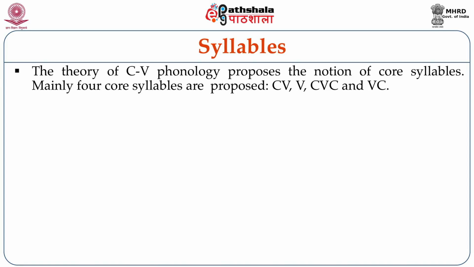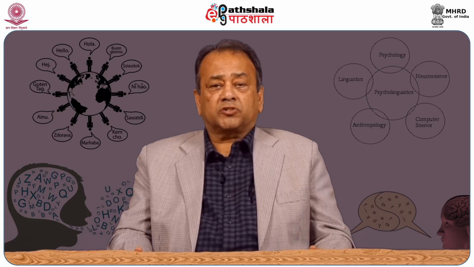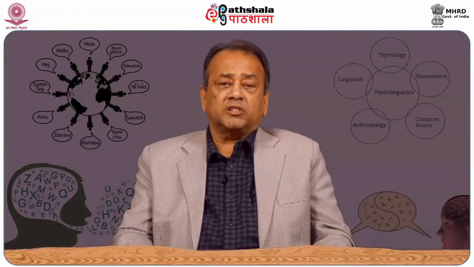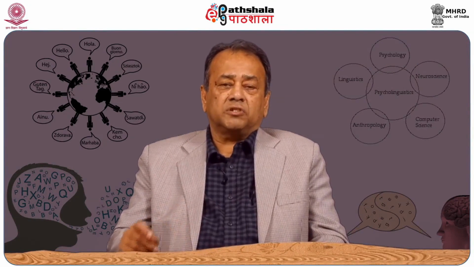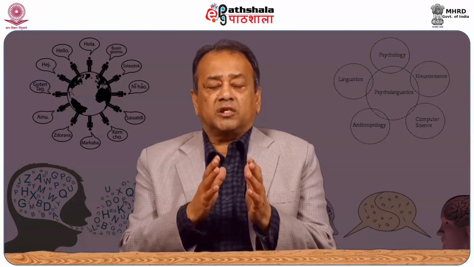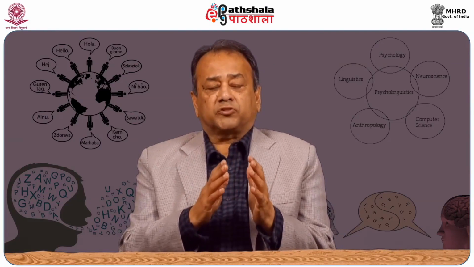For example, we have languages in which you have only a certain type of syllable structures, such as CV or CVC or VC. Now, the phonological structure, the syllabic structure of words in these languages can be described in terms of CV. So a syllable being CV type or CVC type, etc. This helps us to group languages in terms of different syllable structures.